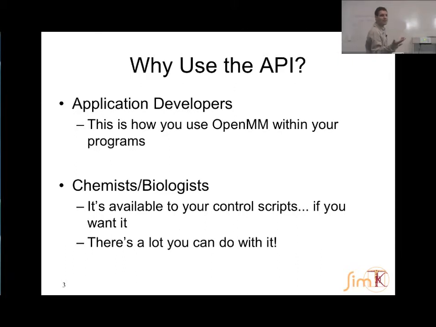Oh, by the way, API stands for Application Programming Interface. Occurs to me that some of you may not know that, but an API just means the interface, the set of functions, whatever that you use to communicate with the library. So if you're writing an application and you want to use OpenMM in your application, this is how you do it. This is the interface you use.